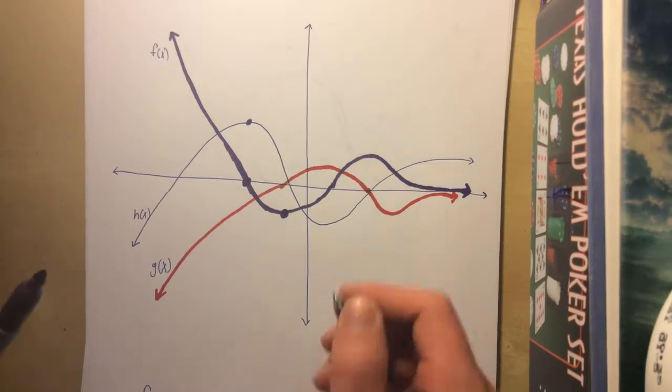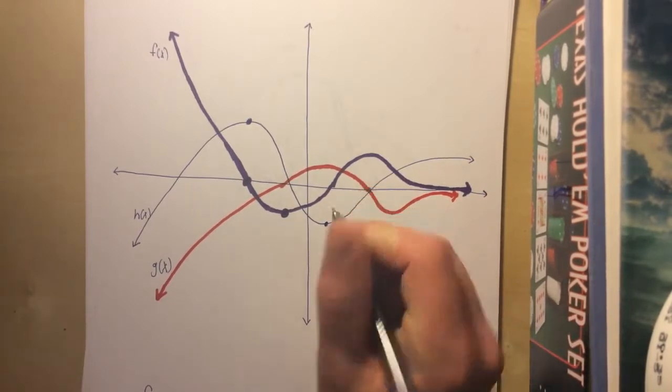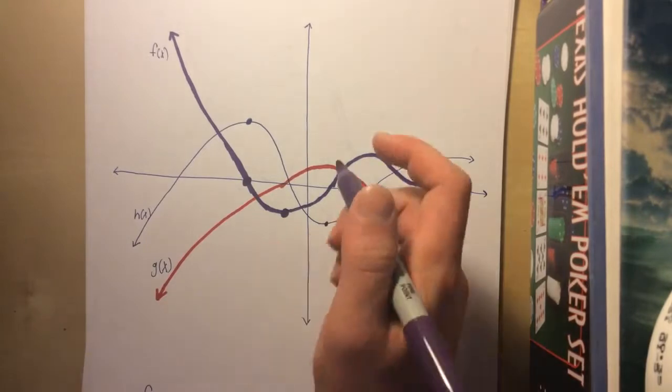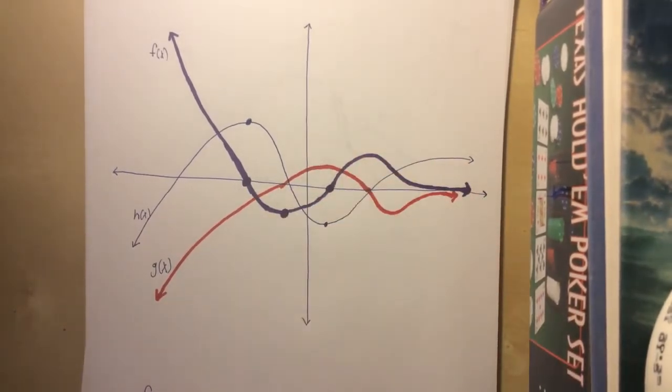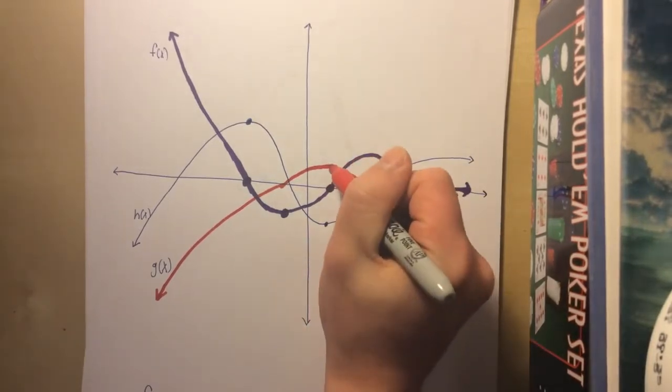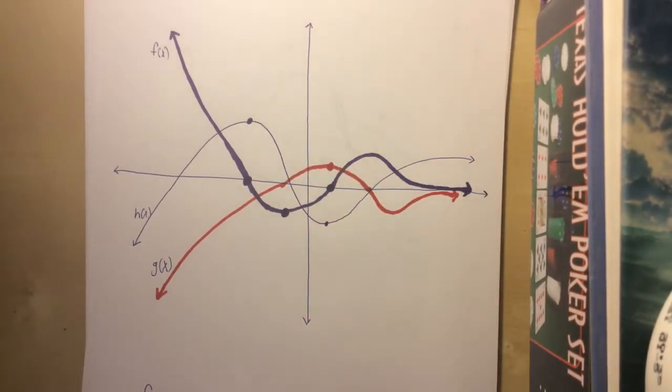Here's another good one. H of x here has a local min, and as you can see, f of x is changing sign, and g of x has a local maximum. And let's just look at one more.